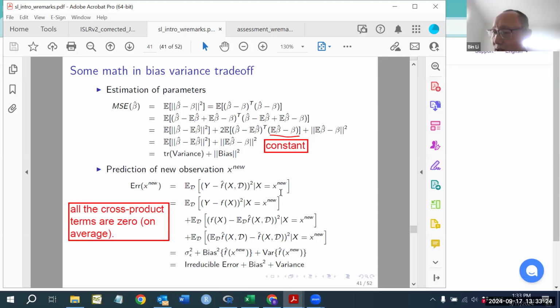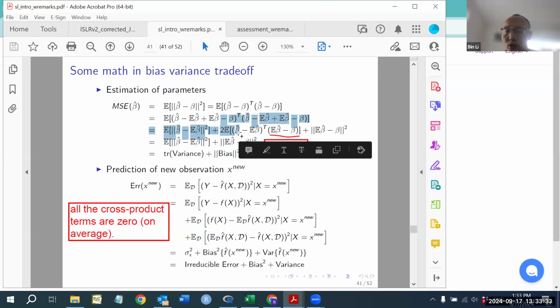Okay, so I won't talk about the details. These two proofs are very similar. The key is that all the cross product terms in the expectations are equal to 0.